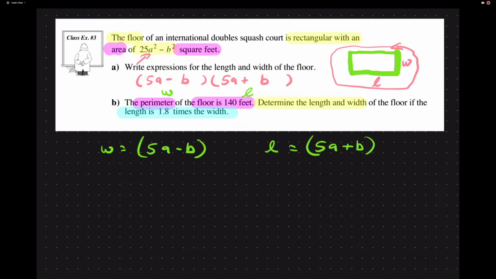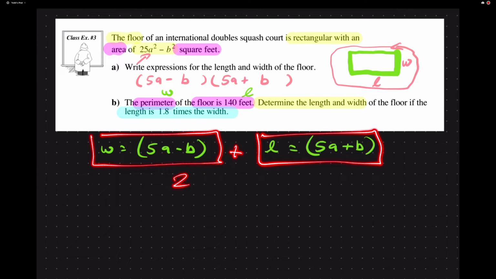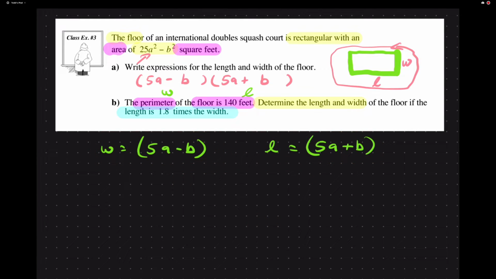Two of these widths plus two of these lengths is going to give us 140. So let's set that equation up: 2 times the 5a minus b plus 2 times the 5a plus b is going to equal 140.